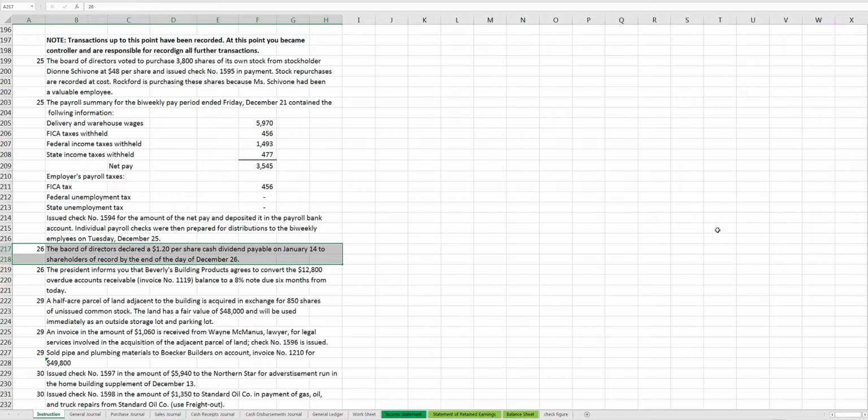26th. The board of directors declared a cash dividend of $1.20 per share, payable on January the 14th, so next year. So it will be reported as a payable, right, by the end of December.